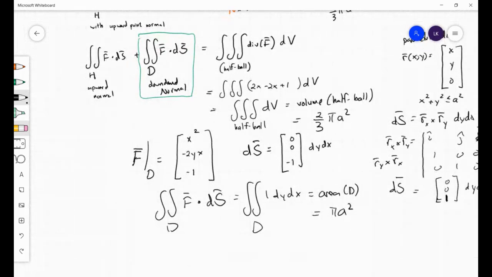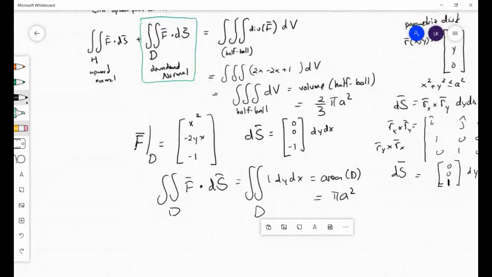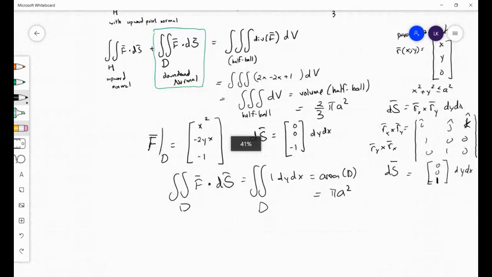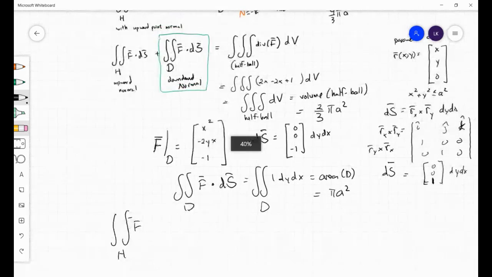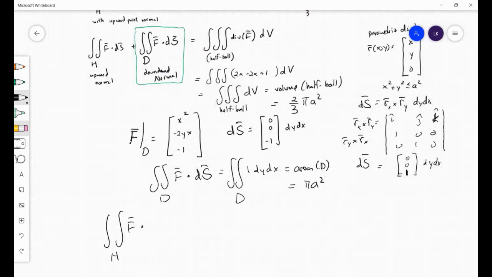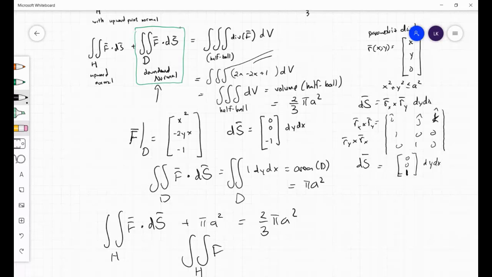We have the flux through the hemisphere that we originally wanted to compute, which is unknown. We were too lazy to find that integral, but we found the integral over that disk. It's just pi a squared. That's equal, according to the divergence theorem, to 2/3 pi a squared. So now we can indirectly solve for the flux through the hemisphere.